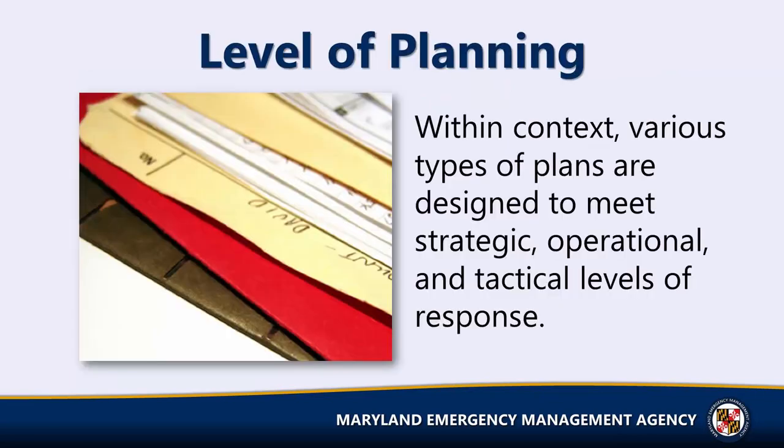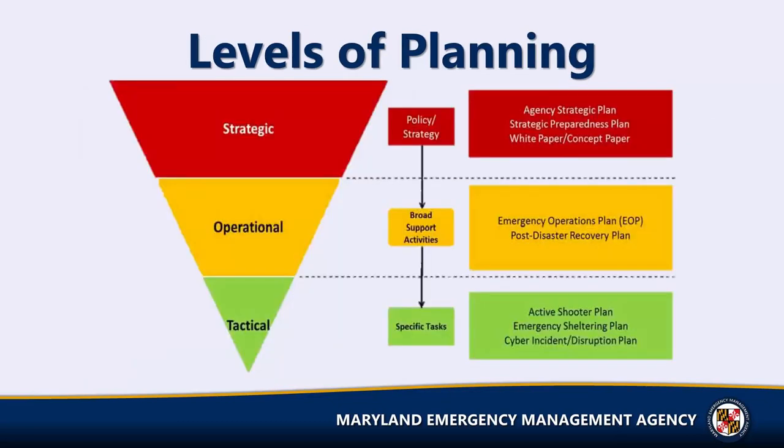Within context, various types of plans are designed to meet strategic, operational, and tactical levels of response. Understanding the contextual differences between the levels of planning is important for anyone developing a plan.